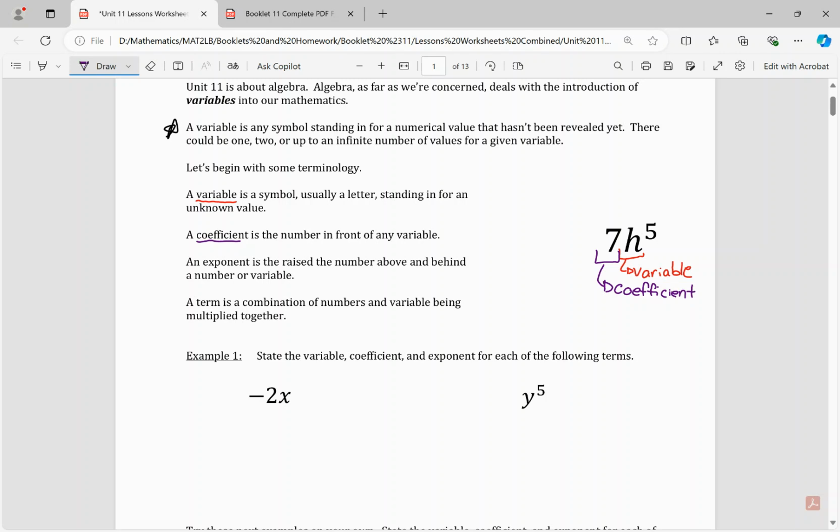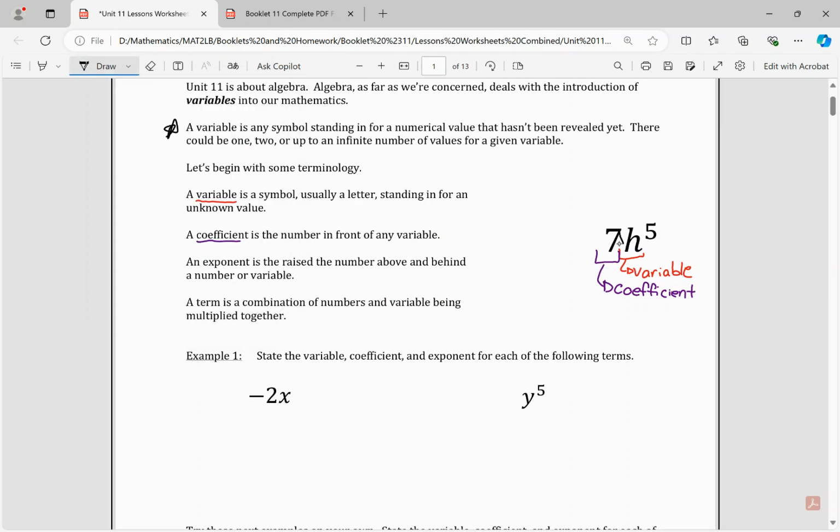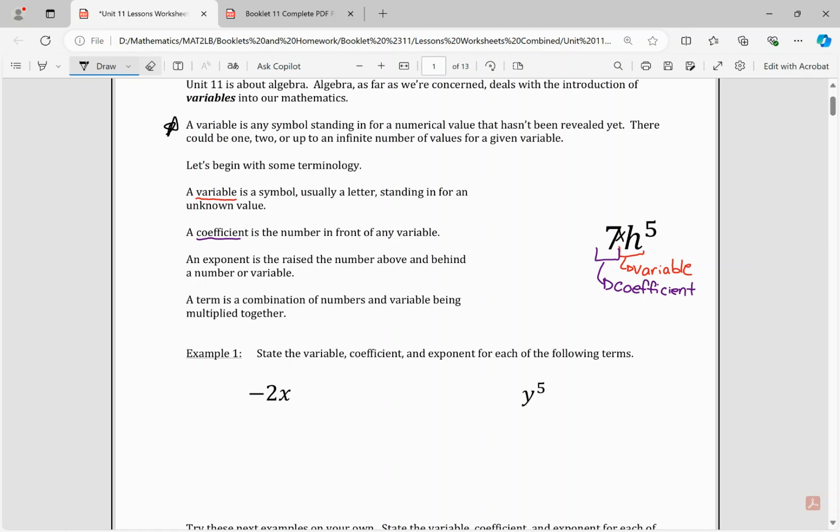Now, it's important that you realize the relationship here. This number and this variable that are right next to each other, they're actually being multiplied by each other. So we're starting to get into an area of mathematics where we're going to stop using the x for multiplication. But what's happening here is this is 7 times h to the power of 5.